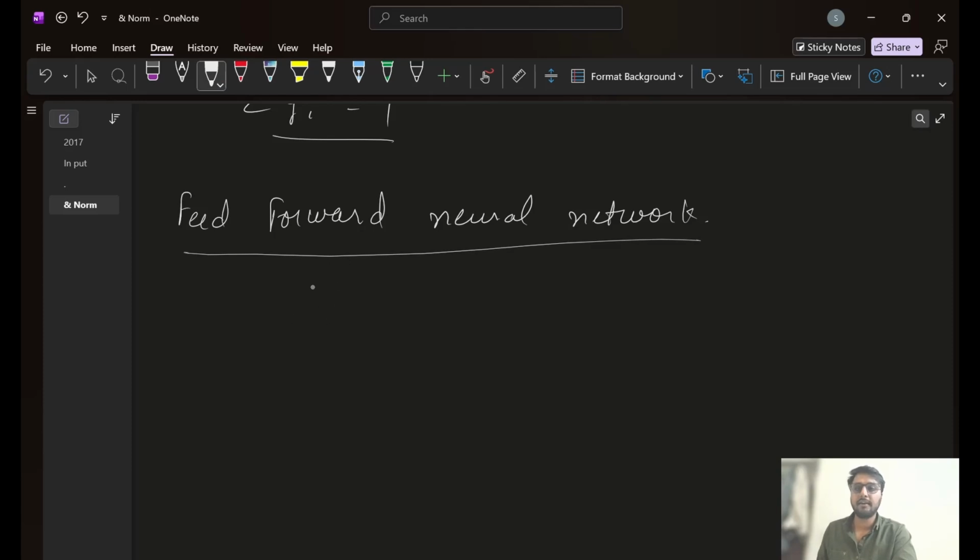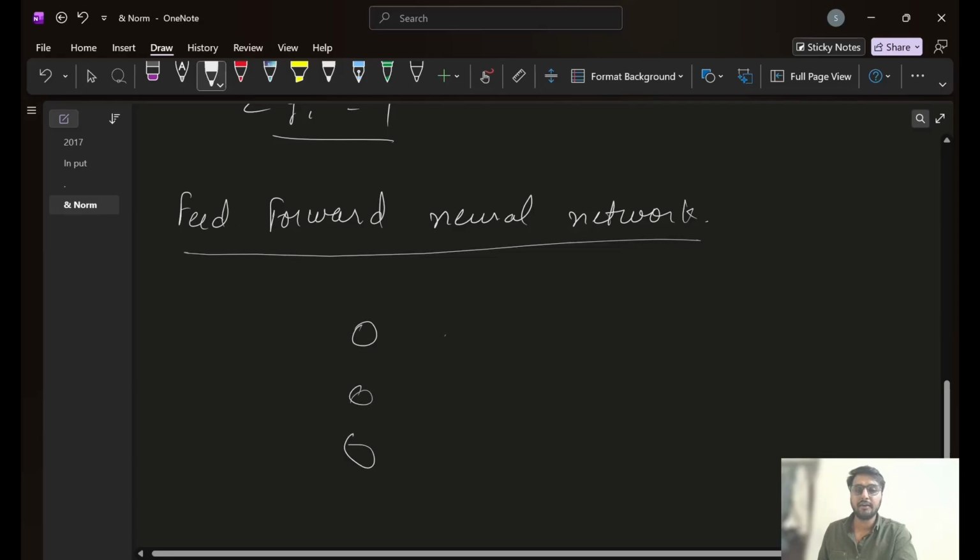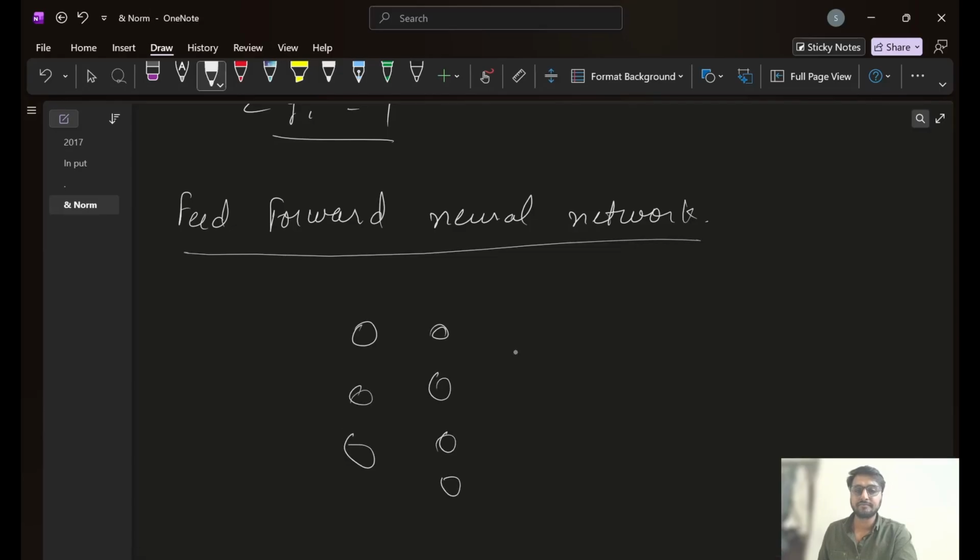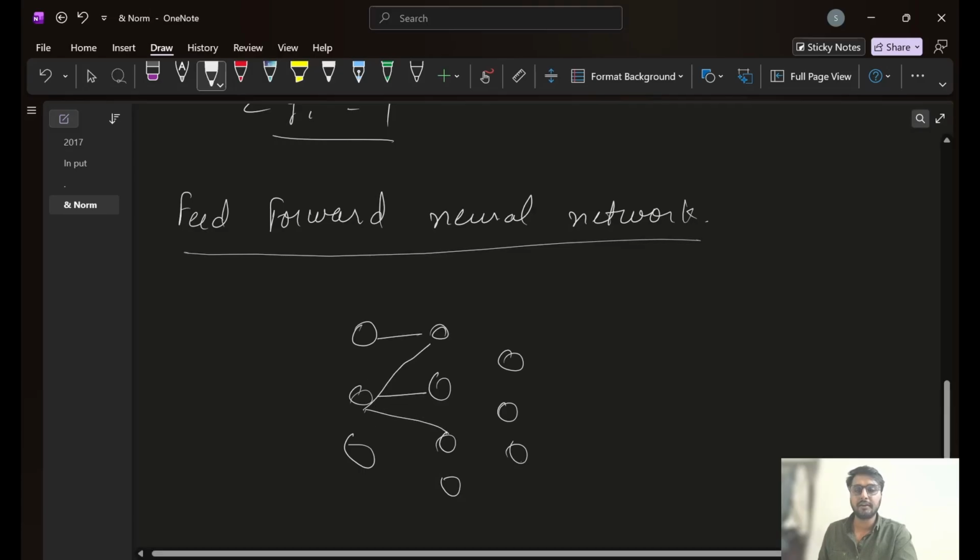In fact, I can discuss this briefly: a neural network is nothing but multiple layers connected. So these are multiple layers connected inside the neural network.